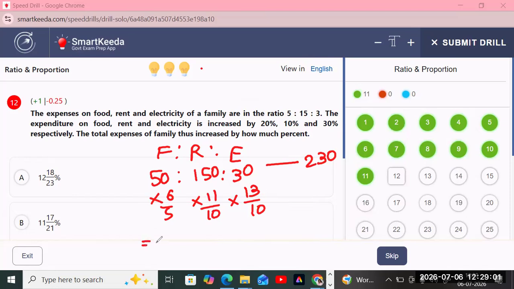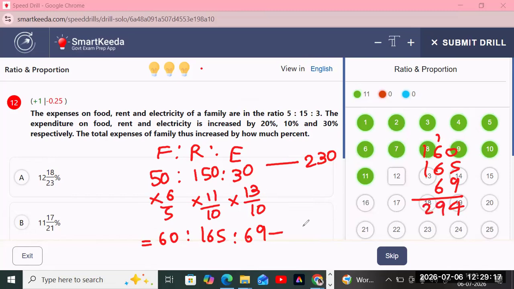The new expenses are 16, 165, 69. This is also correct. 16, 165, 69, 294. 294 is the new expense, and we are asking total expenses of a family thus increase by how much percent?